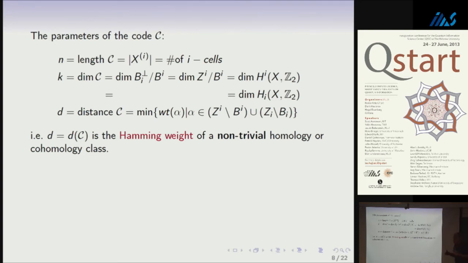Like many things in geometry, it was led by Gromov. There are several deep proofs of Gromov, but almost all the work is in the analogous situation where you replace Z2 by the integers or by the real numbers, like characteristic 0, and not over Z2. In some sense, here is an example where a problem coming from quantum codes is inspiring for mathematicians. It is of independent mathematical interest, but of course it gives more motivation if you see that there is an application to this type of problem.